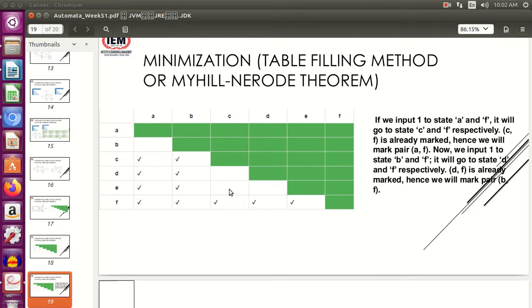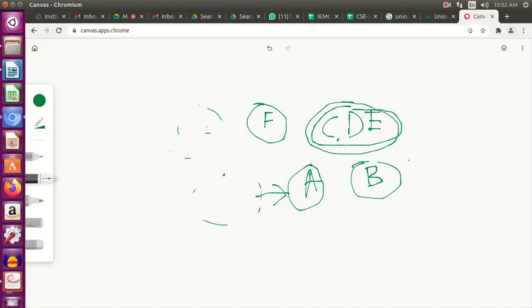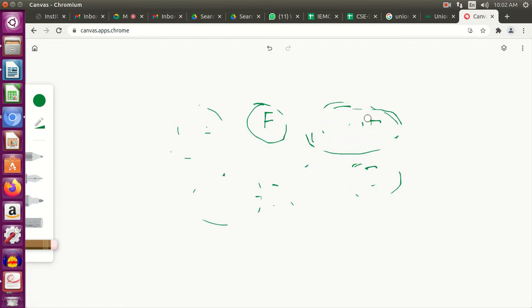That is fine. And AB, I had actually missed that AB was not marked. So AB will also be combined. But I have a confusion over here. I have to check whether CDE can be combined to a single state or whether they'll remain separate. I am not very sure.